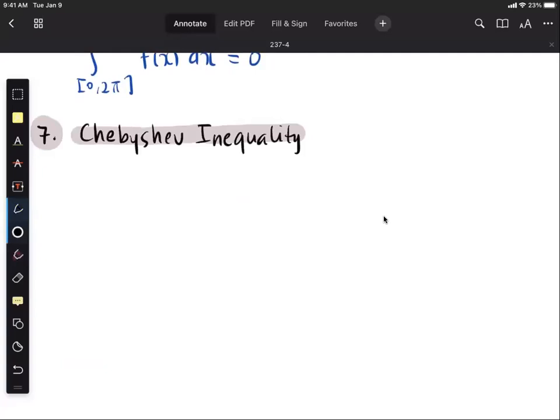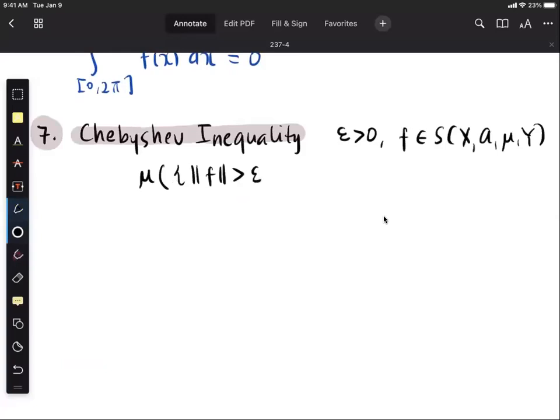Okay, so if I take a positive epsilon and a simple function f in this pre-measure space with values in the Banach space Y, then the measure of the set where the norm is greater than epsilon is less than or equal to 1 over epsilon times the integral of the norm of f.